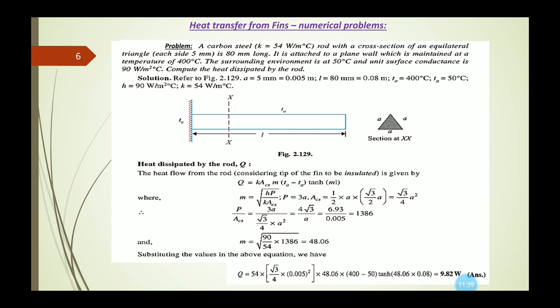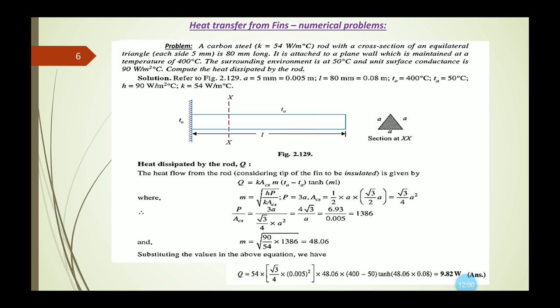The surrounding environment is at 50 degrees centigrade and the unit surface conductance is 90 watt per meter square degree centigrade. We need to compute the heat dissipated by the rod, which is the heat transfer through this fin.